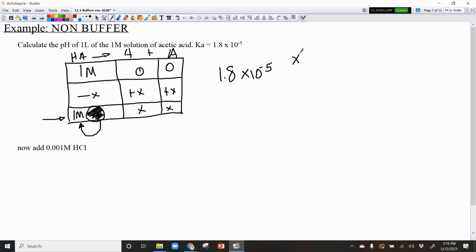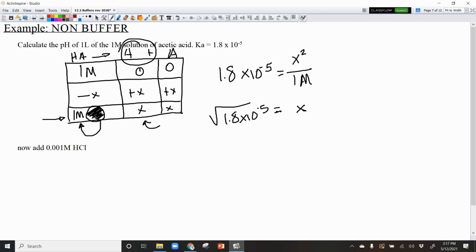So this is going to be X squared, because these are the products, X times X, over the reactants, which is 1 molarity. So X is the square root of 1.8 times 10 to the negative fifth, and that's going to give us the concentration of our hydrogen. Then we can take the negative log of that and get the pH of this solution.